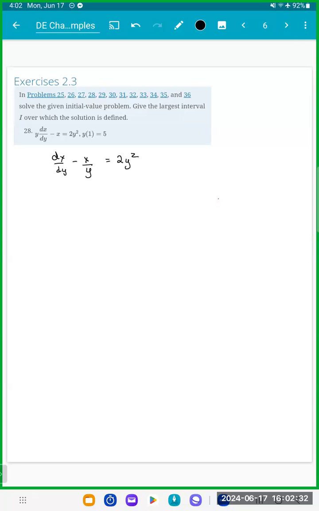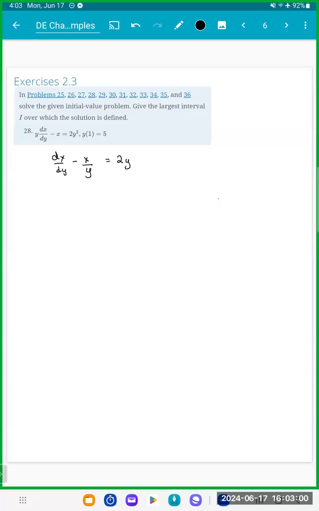Basically, what we're looking at here is we were just combining to get a like term there with the y. And actually it wouldn't be a y squared because we're dividing everything by y.